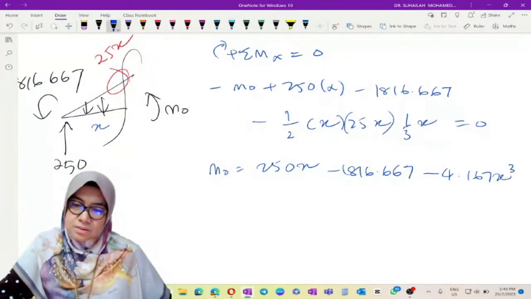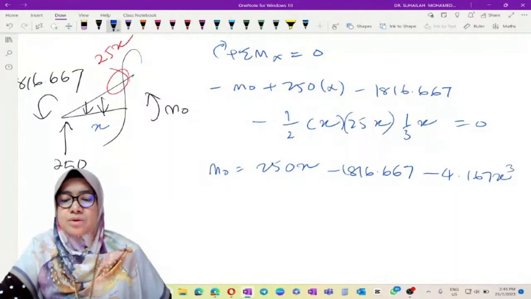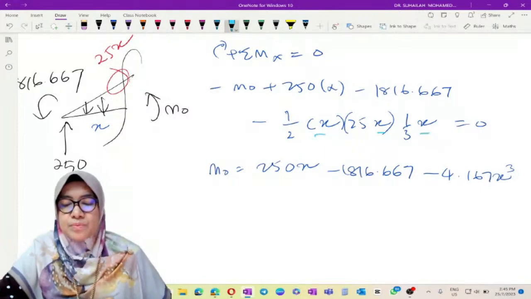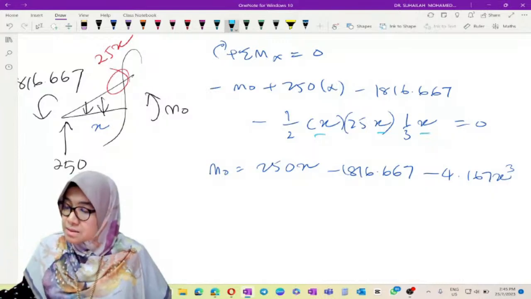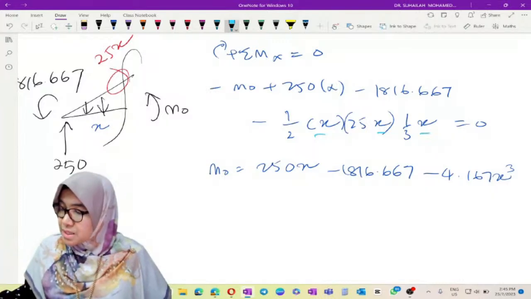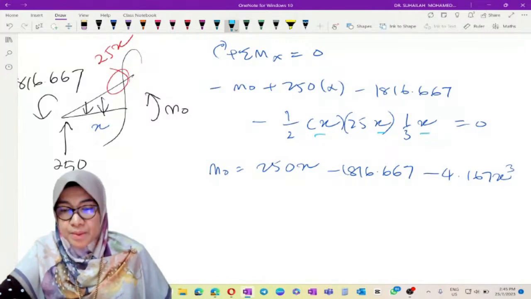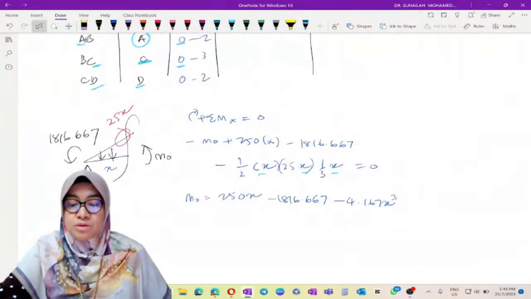So it is 25 divided by 6, and we get 4.167 x cubed. So this equation we put into the table.